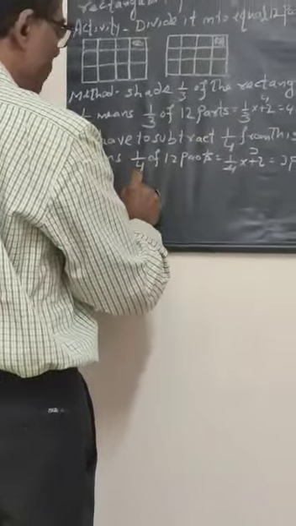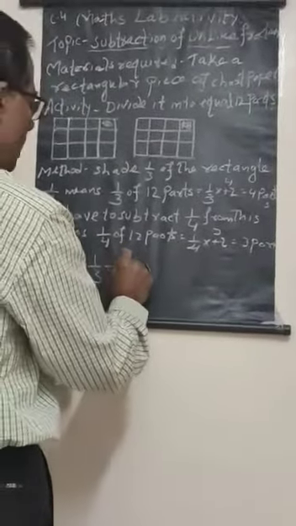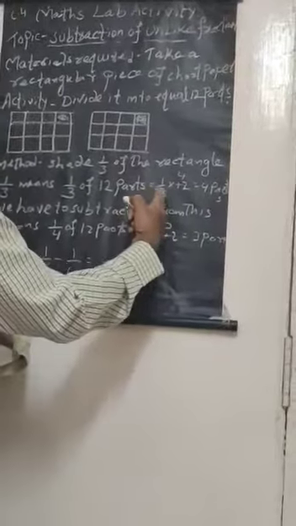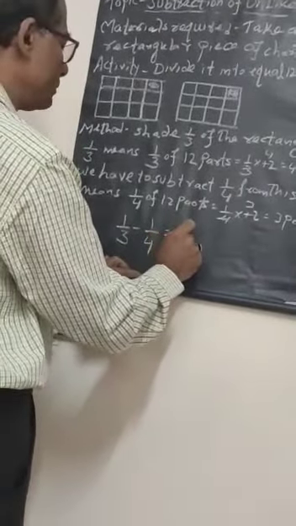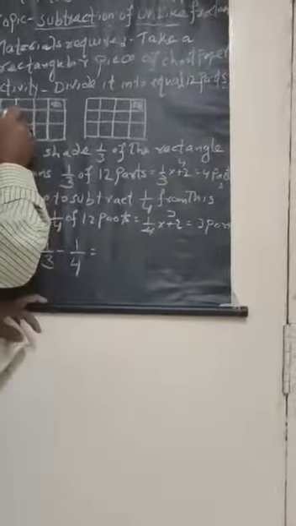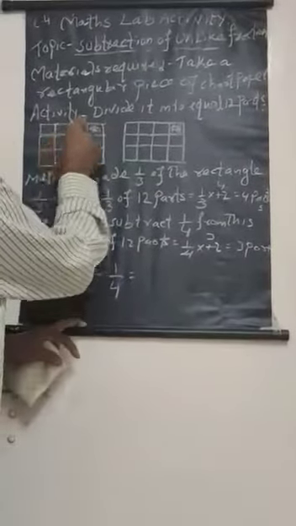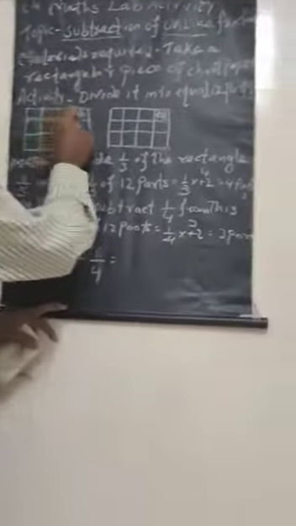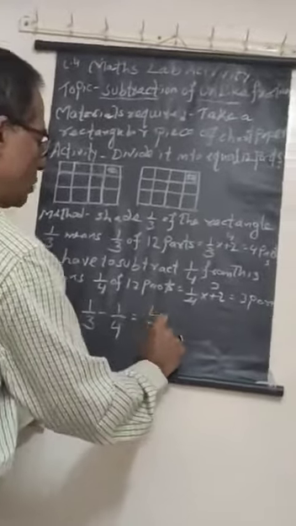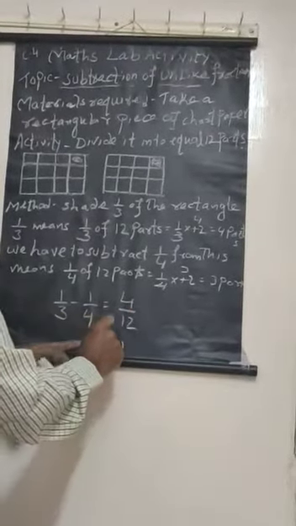So now the question was 1/3 minus 1/4. See carefully: 1/3 means out of 12 parts I have shaded 4 parts, so it is 4/12.